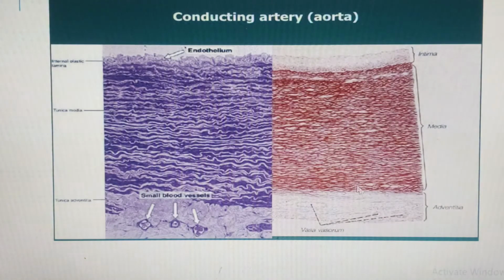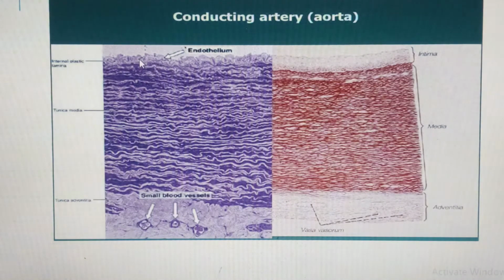Now for elastic arteries, no doubt we are going to find the tunica intima, made up of the endothelium. Then we have the subendothelial layer, then the internal elastic lamina.